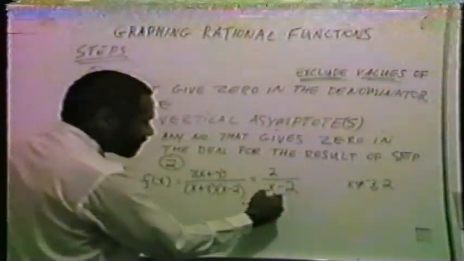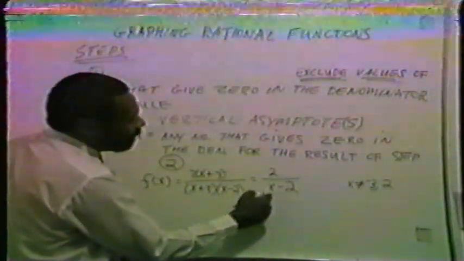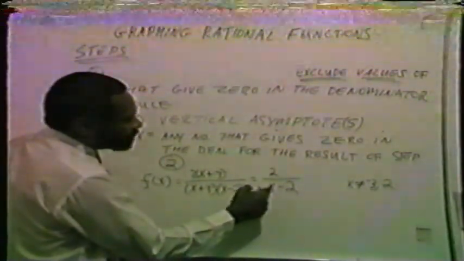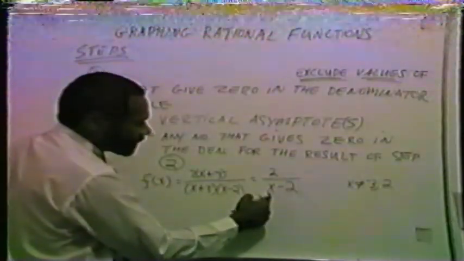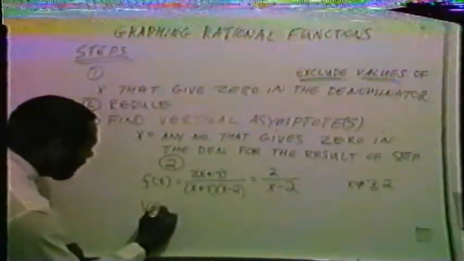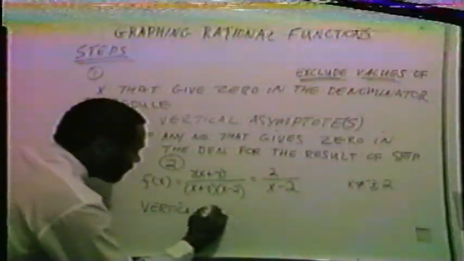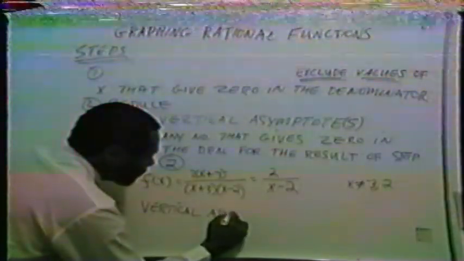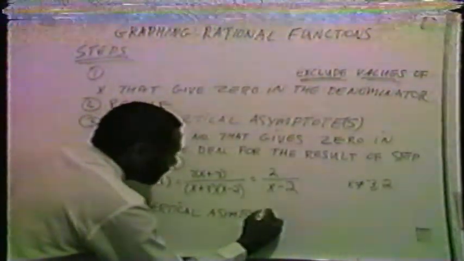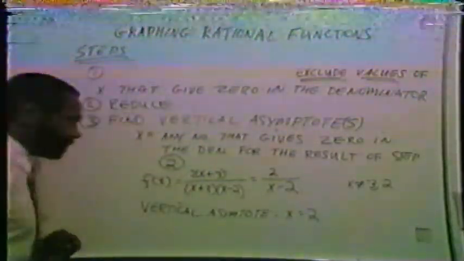So I reduce, this is what I'm looking at, and I can see now that what would give me 0 in my denominator is 2, x equals 2. So that is my vertical asymptote. My vertical asymptote in this case for this rational function is x equals positive 2.